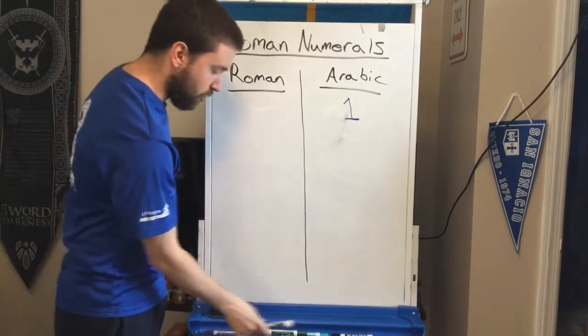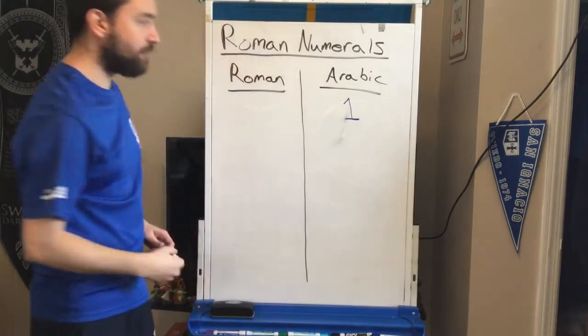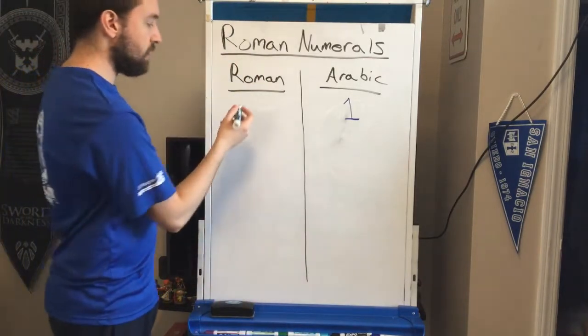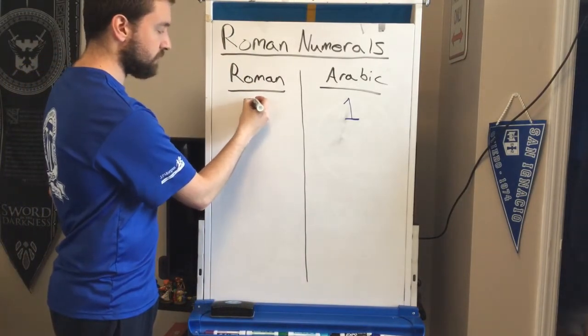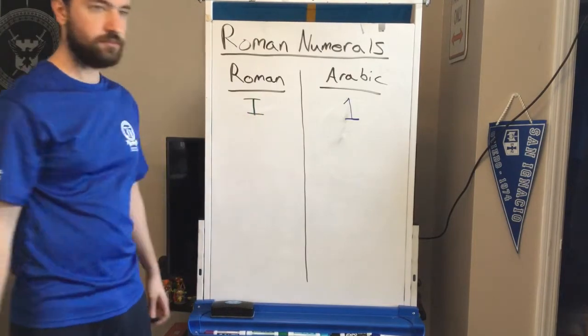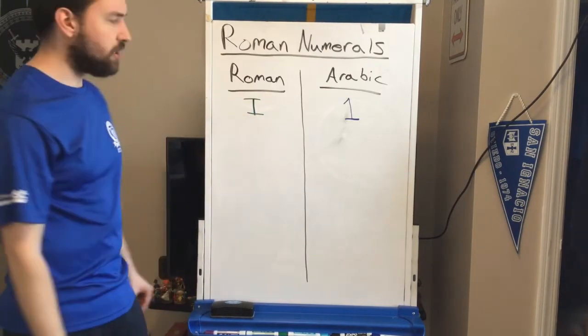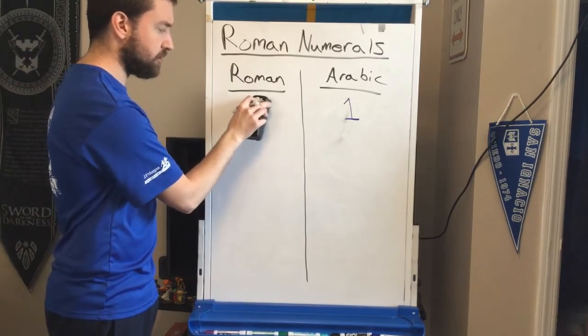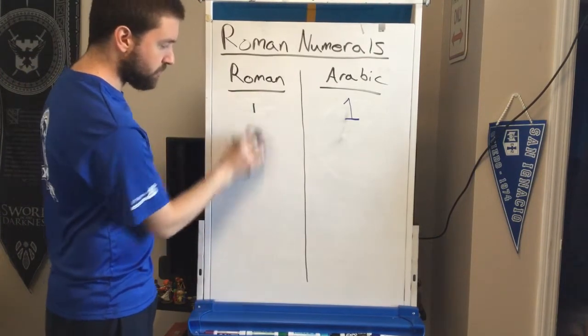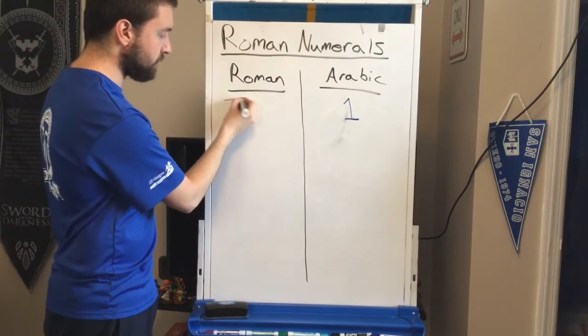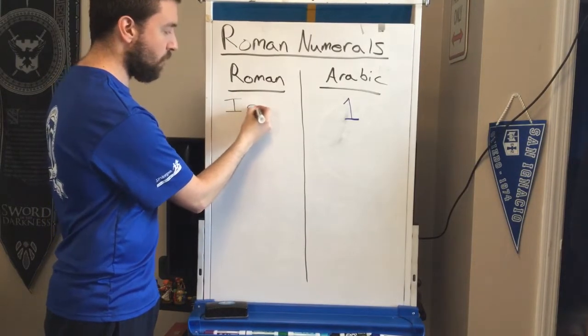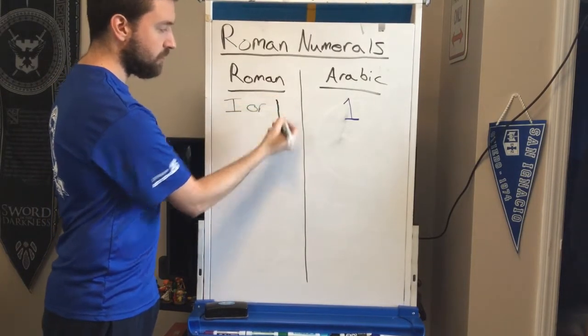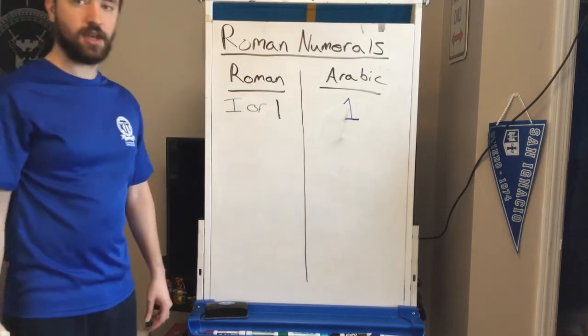Now, as a Roman numeral, the number 1 looks like the letter I. Sometimes it's just written as a tally mark, or it's just written like you're used to seeing the number 1.